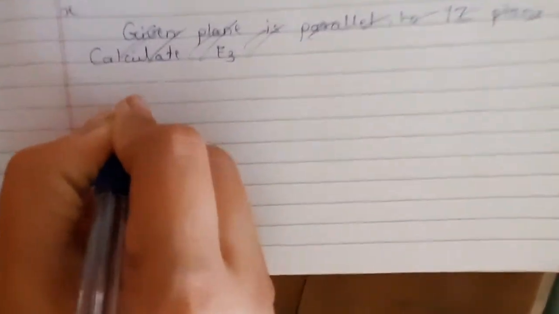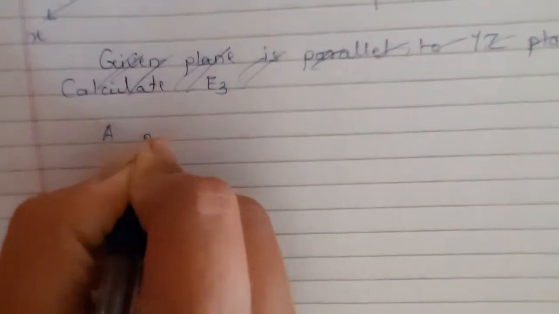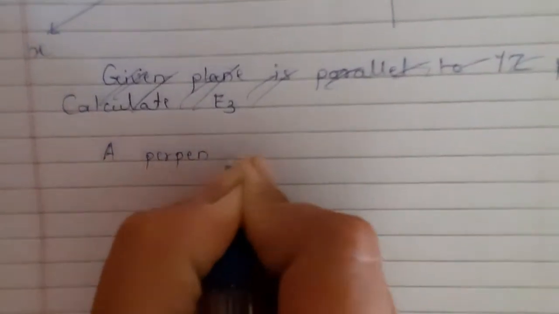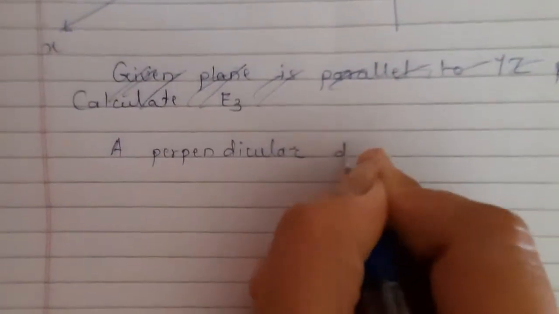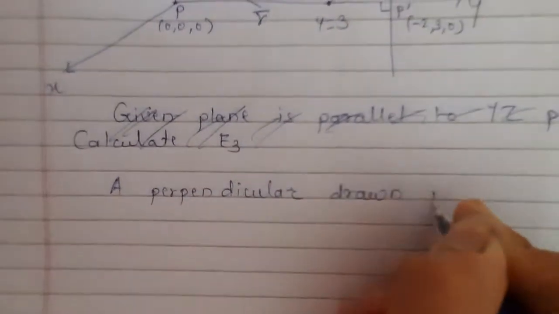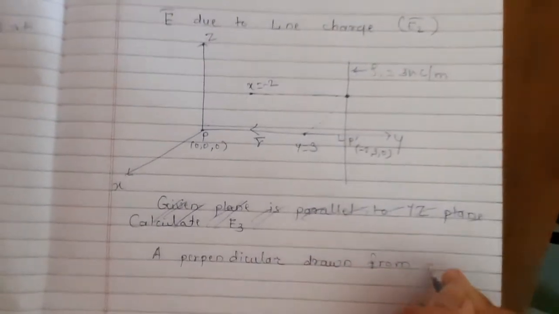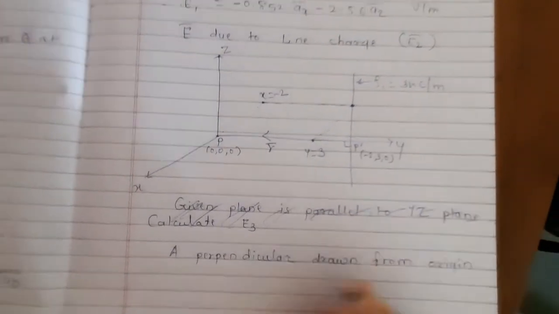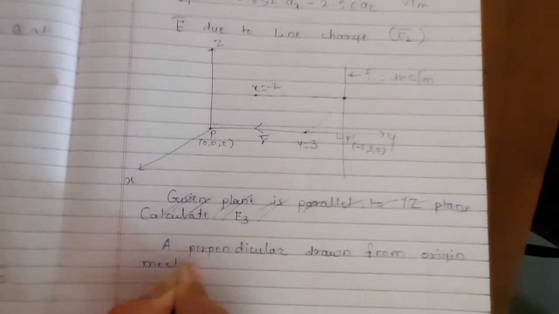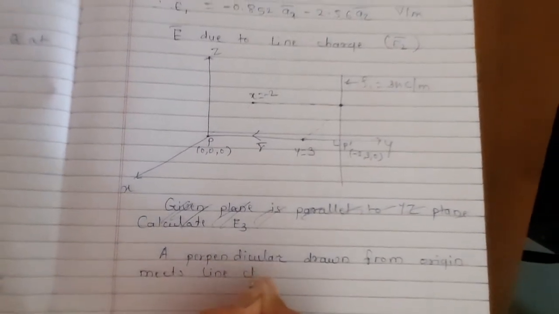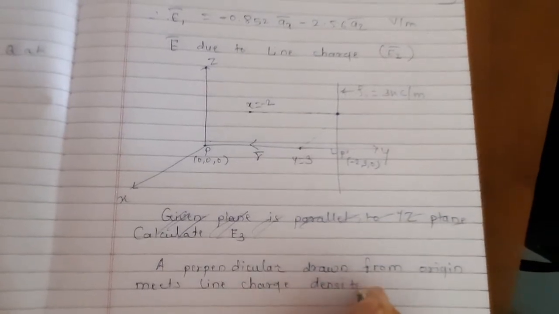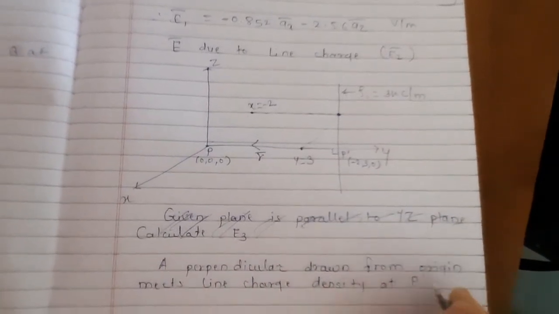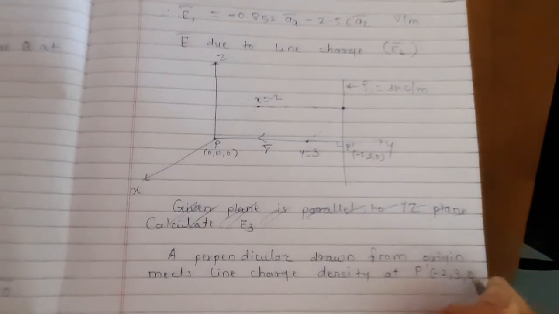So we write here: perpendicular drawn from origin and it meets the line charge density at P dash equal to minus 2, 3, 0.